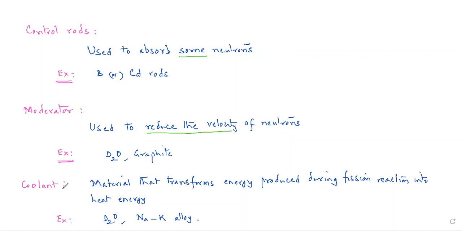We can use this alloy, and of course some polyphenols are also used. These are the materials used in a nuclear reactor to control the chain reaction and to utilize the energy that is released for the production of electricity.